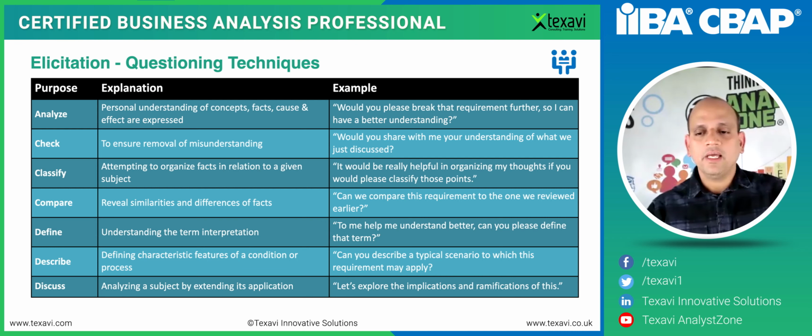So, to help me understand this better, can you please define the term? Or you can say, as we just discussed, would you share what we just discussed, to reiterate and see if they have the exact same understanding as you. Some of the questions I typically ask are: can you tell me what you did in the last couple of days as part of your work that is different from the usual?